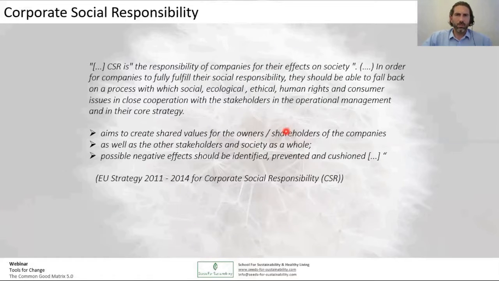So another terminology that I wanted to mention is corporate social responsibility, because when we look at the common good balance sheet or the metrics, what we are talking about is measuring the impact of a company on society, apart from the monetary, the money impact it has, or the way it creates employment. Away from the economic impact, more towards more, and this goes into the definition of corporate social responsibility.